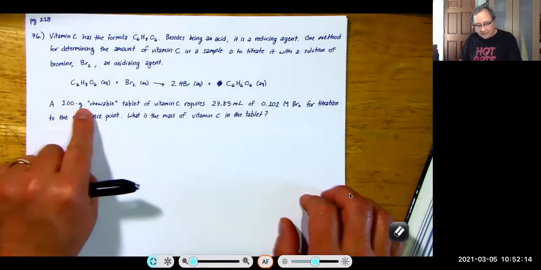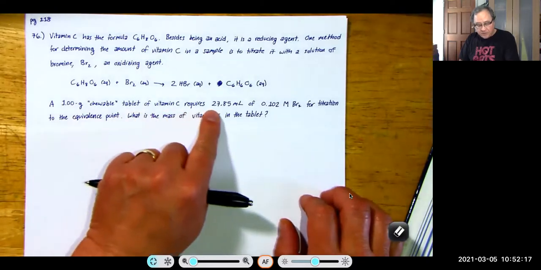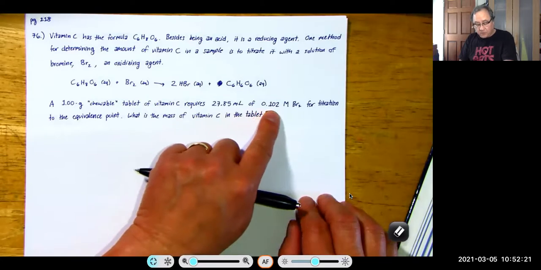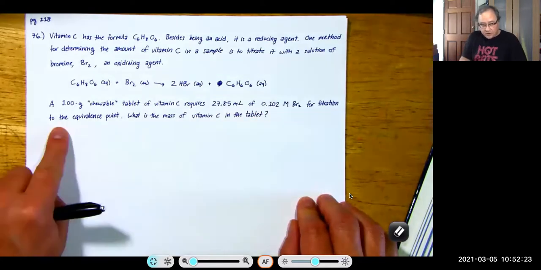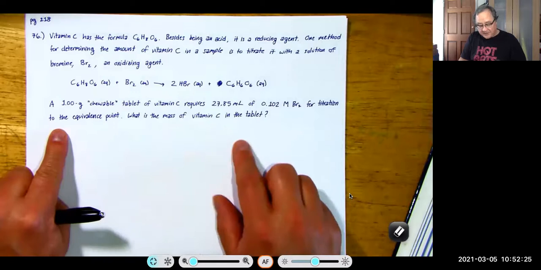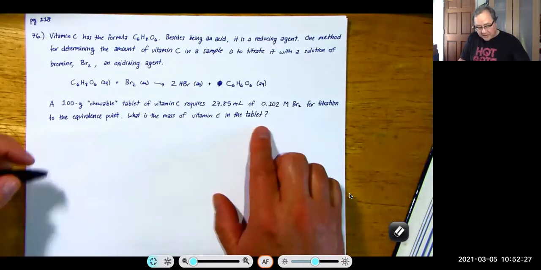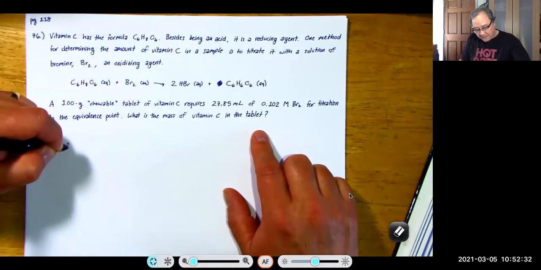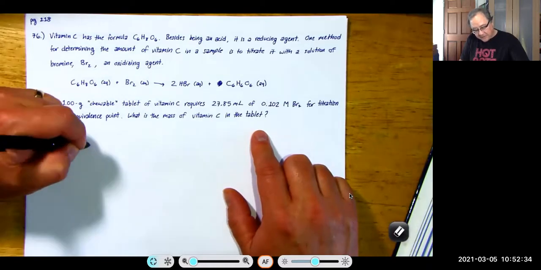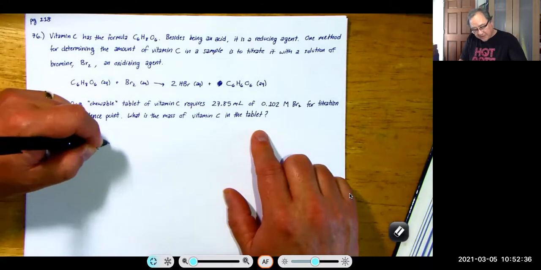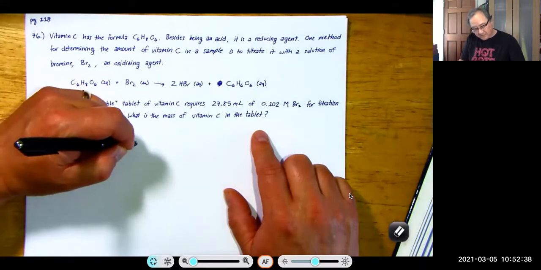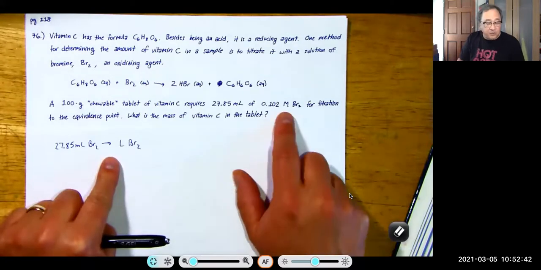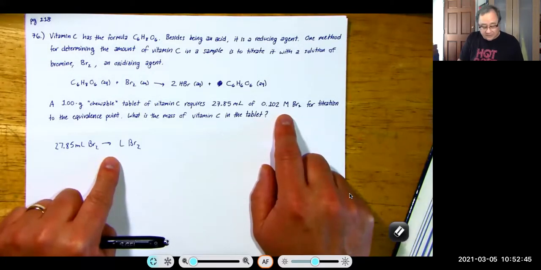A 1.00 gram chewable tablet of vitamin C requires 27.85 milliliters of 0.102 molar bromine for titration to equivalence. What is the mass of vitamin C? So I think I'm going to take the 27.85 milliliters of bromine, and I'm going to turn that into liters of bromine. So why am I doing that? And the answer is because molarity is moles per liter, not moles per milliliter.